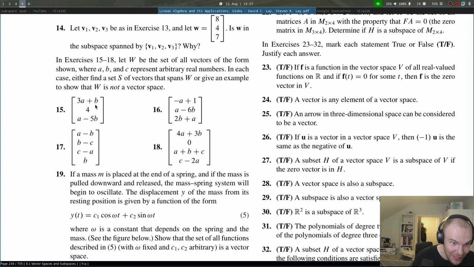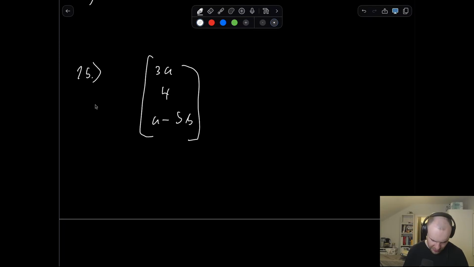So I have 3a, I have 4, and I have a minus 5b, like that. You see here, I can try and express this.